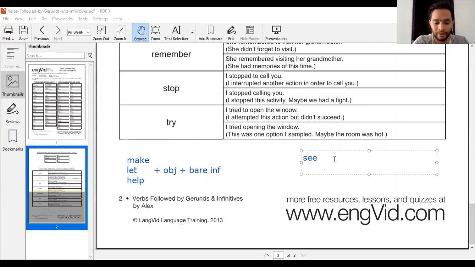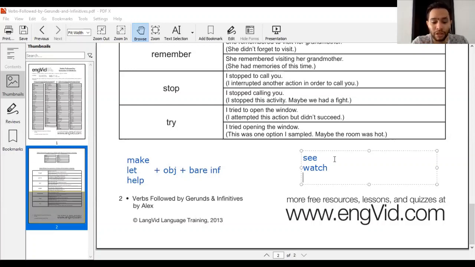See, watch also works. See, watch. Oh, I'm forgetting one verb.